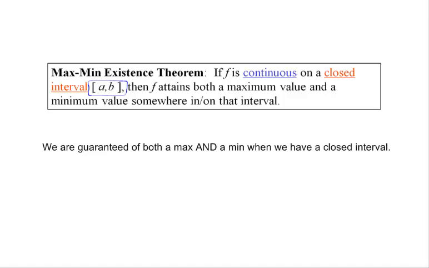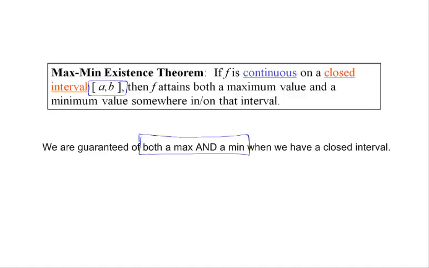It doesn't necessarily have to be at an endpoint, as we saw in the graph a while ago, but it could be. This theorem guarantees us of both a max and a min on the closed interval.